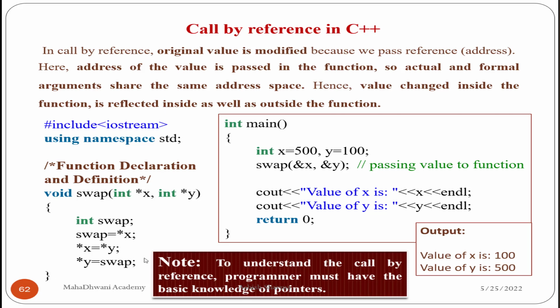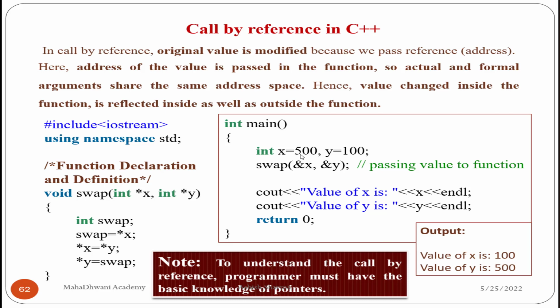We complete this process, and after that our program control goes back to the main body, having executed this part of the program. Program control comes to the next line, where the values of x and y are printed. We see the output: the value of x is 100 and the value of y is 500.